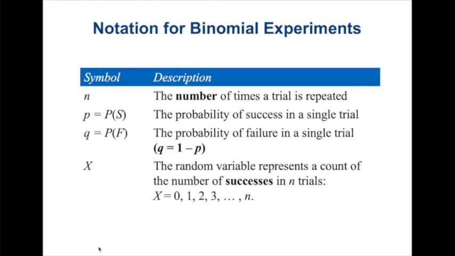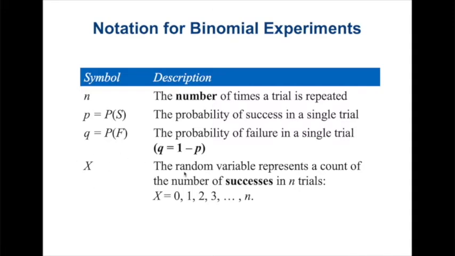And here are some common notation. Uppercase N is the number of times a trial is repeated. Lowercase p is the probability of success in a single trial. Lowercase q, which is equal to 1 minus p, is the probability of failure in a single trial.